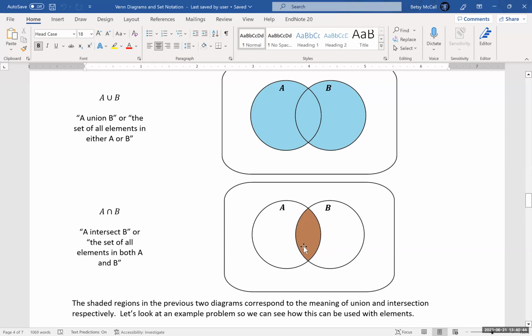I've only colored in this overlapping region. Again, if this overlapping region is empty, then they're essentially mutually exclusive. But if this set is not empty, then they're not disjoint, they're not mutually exclusive.